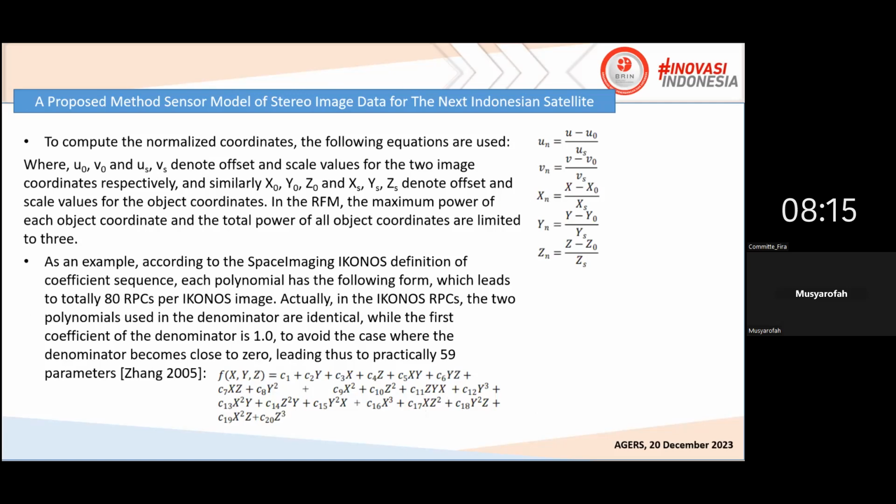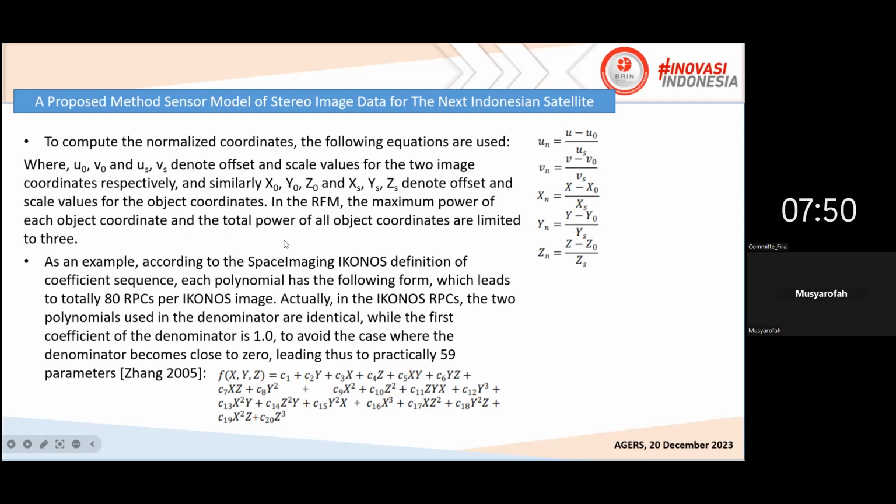To compute the normalized coordinates, the following equations are used, where U0 and V0 denote offset and scale values for the two image coordinates respectively. And similarly, X0, Y0, Z0 and Xs, Ys, Zs denote offset and scale values for the object coordinates.